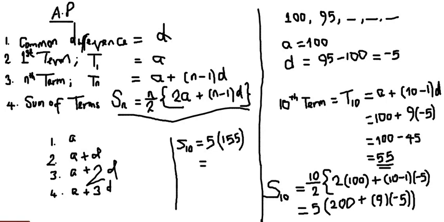When we multiply that, it's going to give us 775. So that is how we solve questions involving the arithmetic progression.